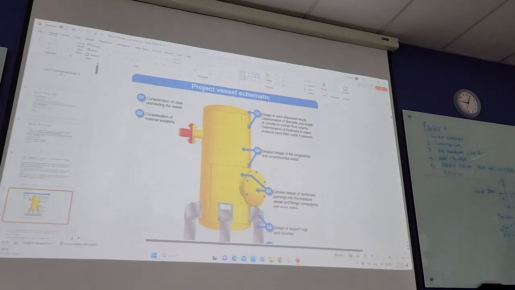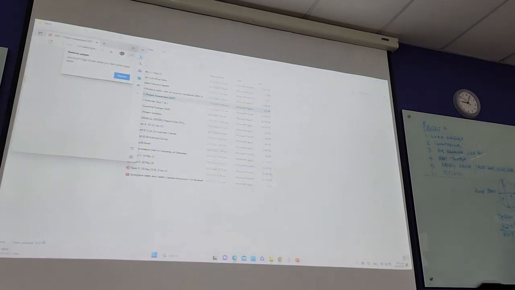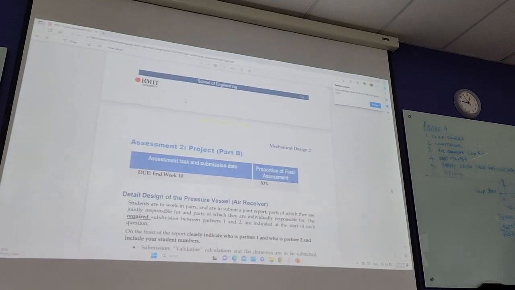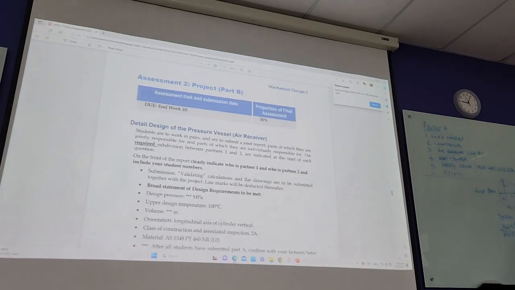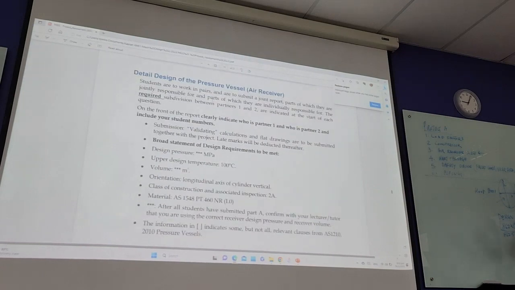Okay, now we go back to project B. So project B, we want to read together, go through this together so everybody knows the requirement.